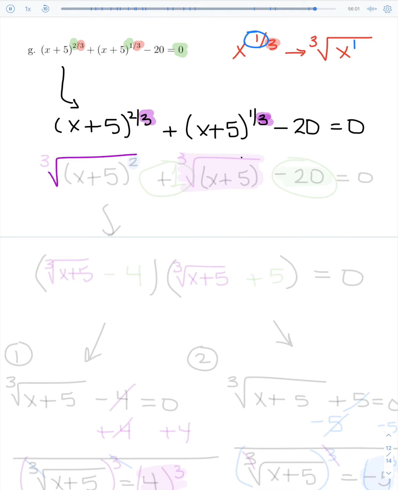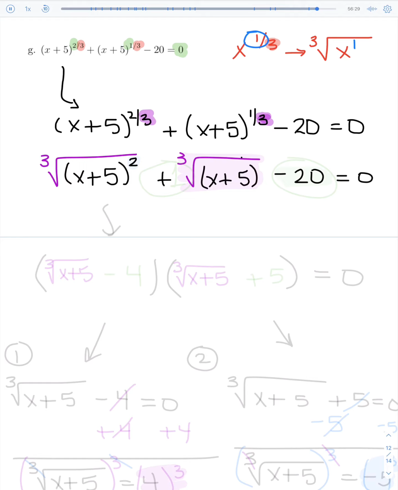So this will look like a cube root of what we had there, which is x plus 5. Notice the x plus 5 was squared, plus the second piece also has a cube root. It's a cube root of just a regular x plus 5 minus 20 equals 0.